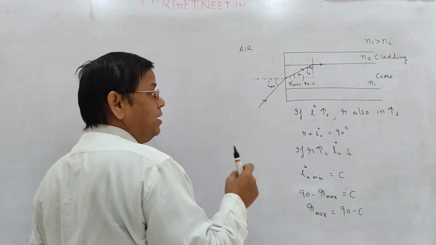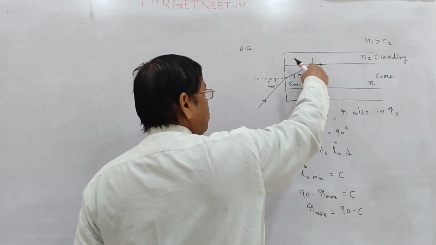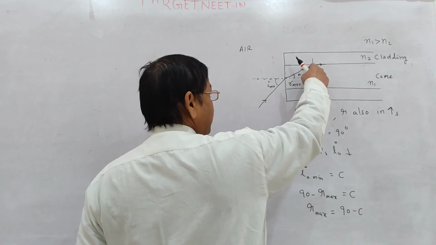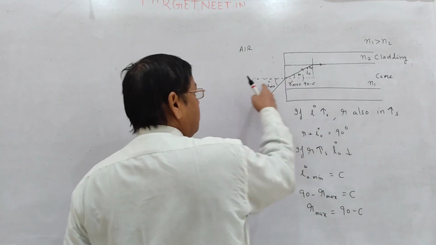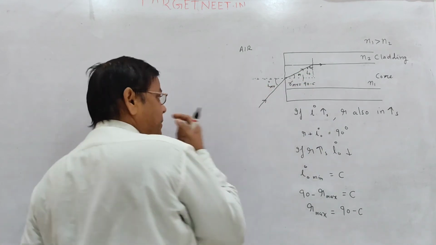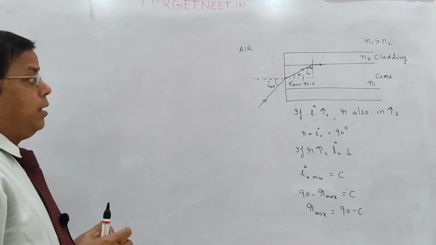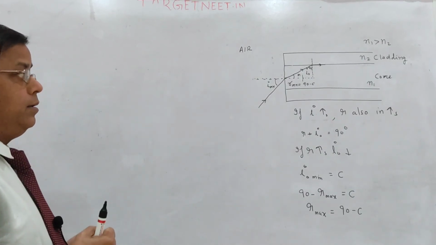So if you want that light should not go from core to cladding, then this I naught should not be less than C. So the minimum value of this should be C, and the maximum value of this should be 90 minus C. So the maximum value of this should be I max, and this I max is said to be the maximum angle of acceptance.